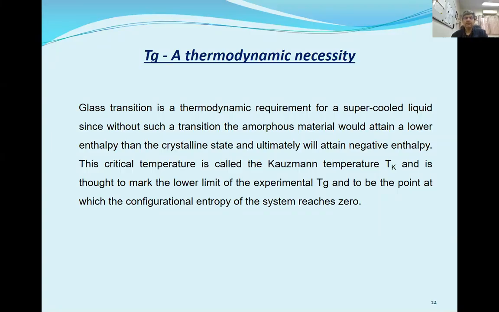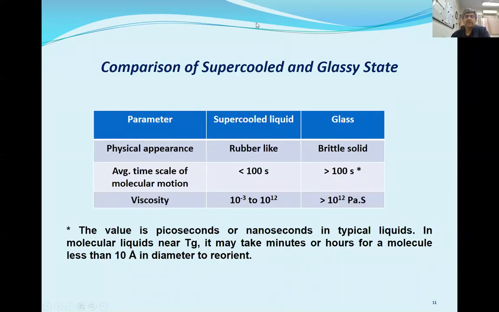Good evening, everyone. In the last class, we had discussed the glass transition temperature, and one of the main aspects that we had discussed was that the amorphous state can exist in two forms: the supercooled liquid state and the glassy state. The supercooled liquid state occurs above the glass transition temperature, and the glassy state occurs below the glass transition temperature, or the TG.